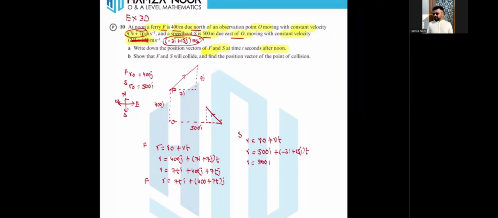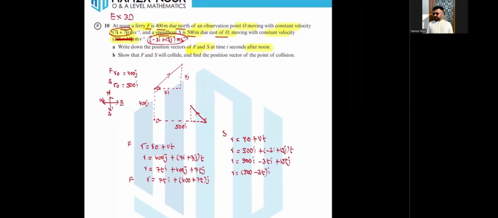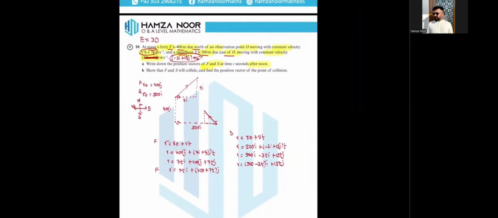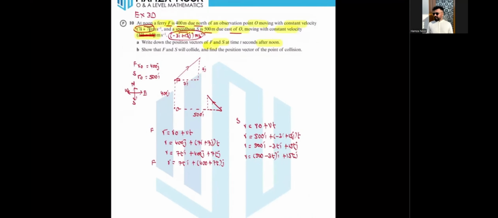Then r is equal to 500i - 3ti + 15tj. So the i component is 500 - 3t. By taking i common, (500 - 3t)i plus 15tj. So this is our answer to part A, the position vector for the ferry and the position vector for the speedboat.